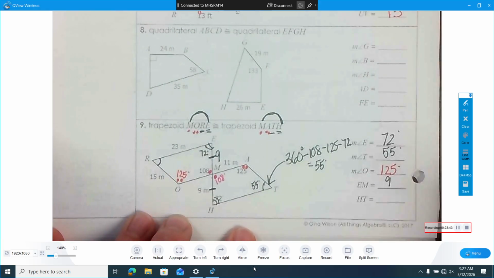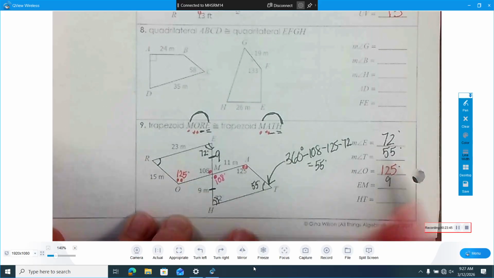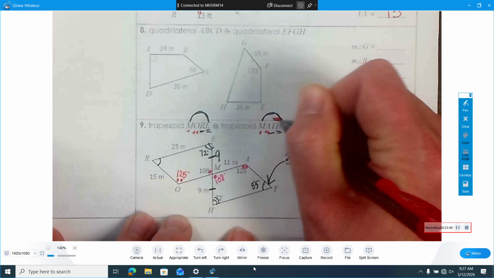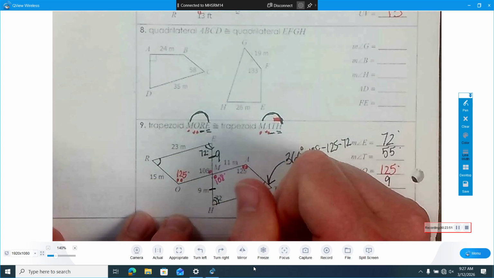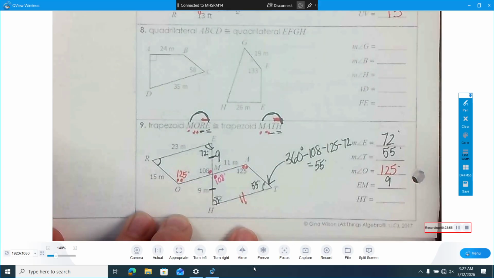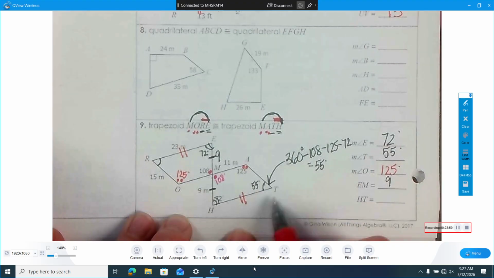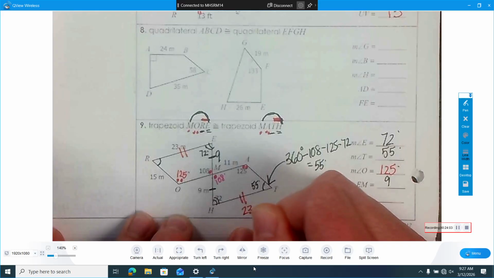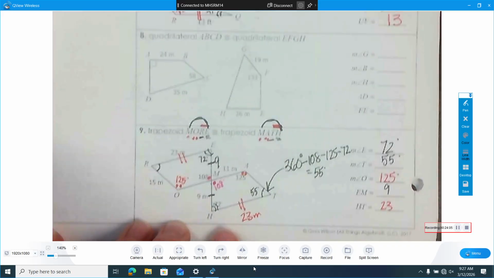Yes. All right. And then HT. HT is these last two letters. What does HT correspond with? R and E. Very good. R and E is right here. RE is 23. So what is TH? Also 23. So 23. Okay.